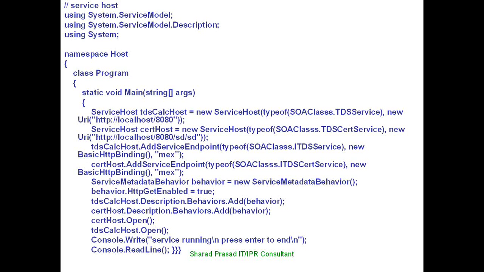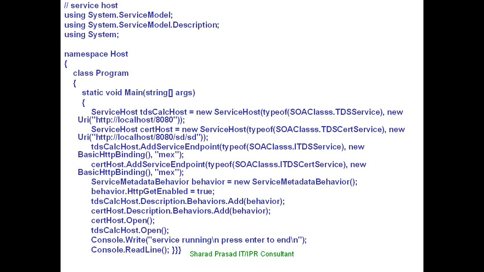So this address here, MEX would be appended to the host address of the service, and it will be the endpoint for that particular service. So HTTP localhost 8080/MEX. If we don't put MEX, if we put it blank, it will take the base address, and that would be HTTP localhost 8080.